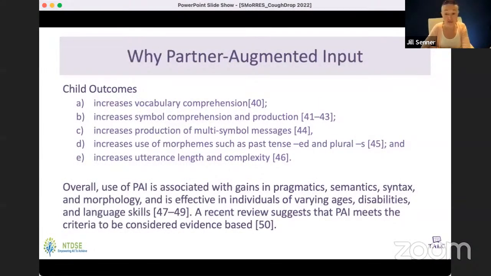So there are lots of research studies that have been published on partner augmented input. Just to hit some of the highlights, I think this is probably a crowd I don't have to convince as to the benefits here, but it increases vocabulary comprehension. So not just symbol comprehension, but also the comprehension of the vocabulary itself, the referent itself. So basic concepts, if we're trying to say big, small, etc. So it increases symbol comprehension in production.